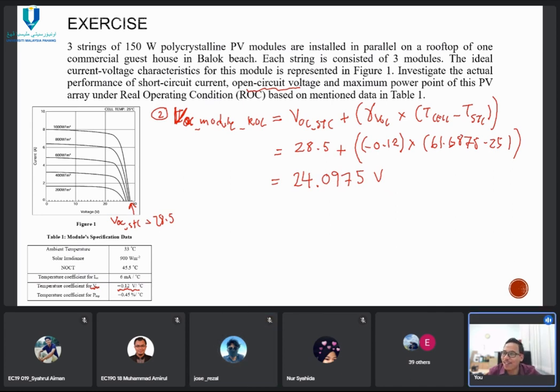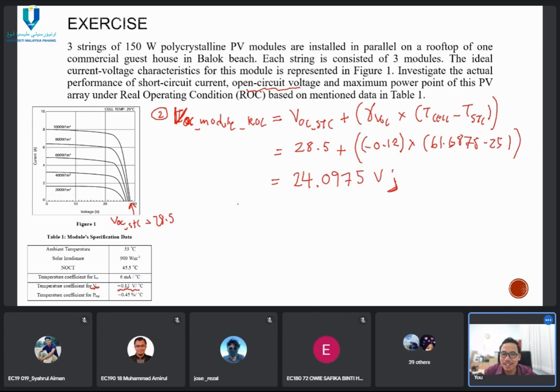Right, someone verify the answer. Sama je. Tapi ni. Sama tak? Jawapan ni sama? Dapat? Dapat tak? 24.0975. Sama-sama. Sama. Alhamdulillah. Akhirnya Syarul Aiman bersuara.